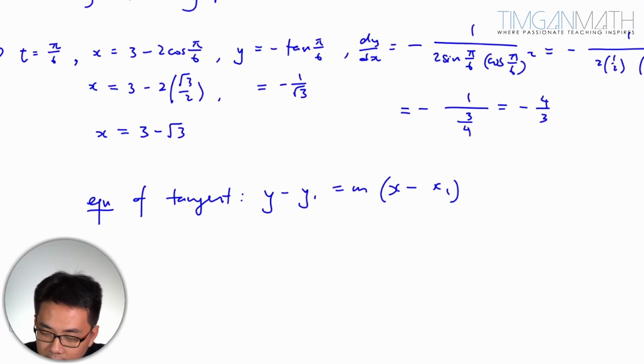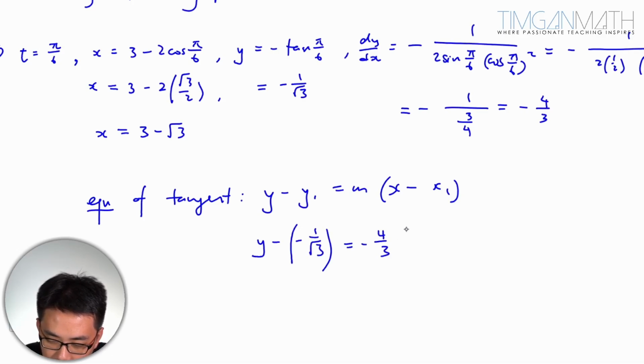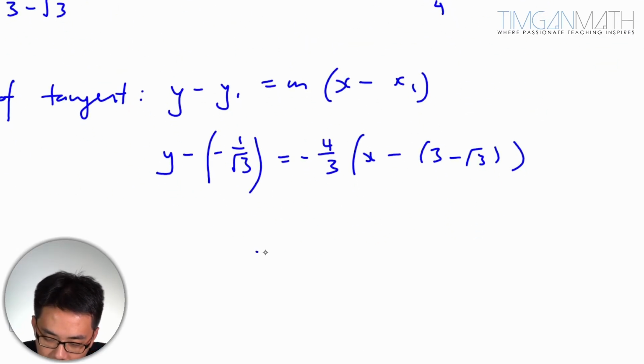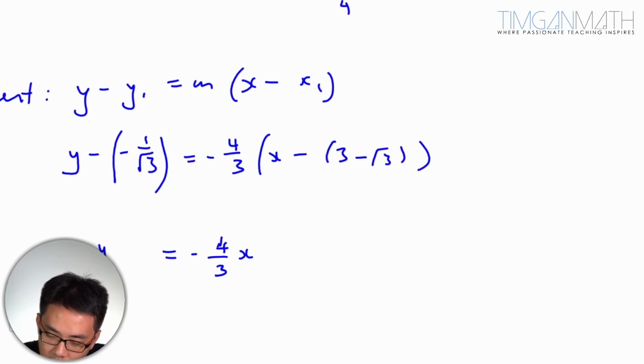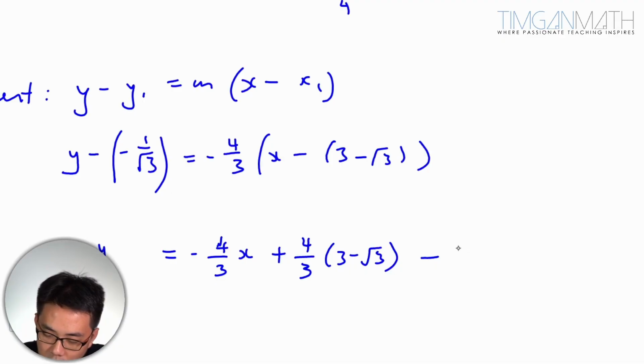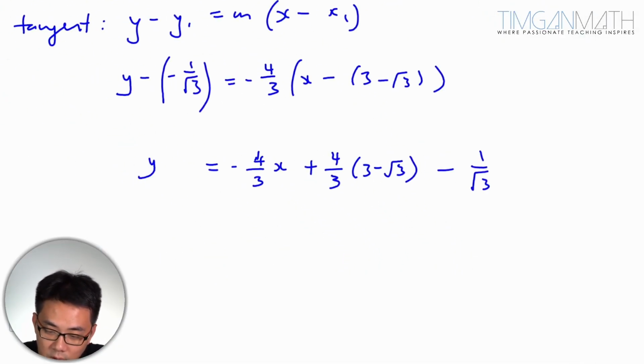The equation of the line will be y minus negative 1 over root 3 equals negative 4 over 3 times x minus 3 minus root 3, so y plus 1 over root 3 equals negative 4 over 3 x minus 3 minus root 3. 1 over root 3 is root 3 over 3. The reason why I'm changing to root 3 over 3 is because there's a root 3 here.